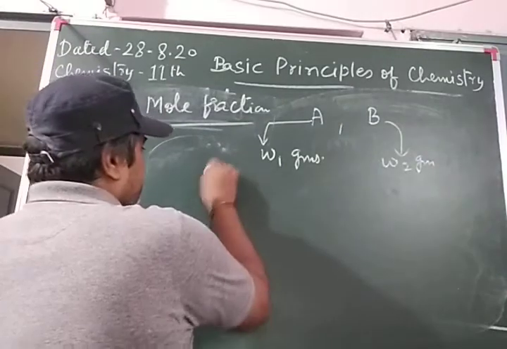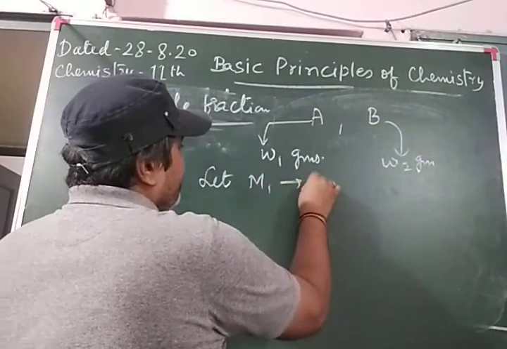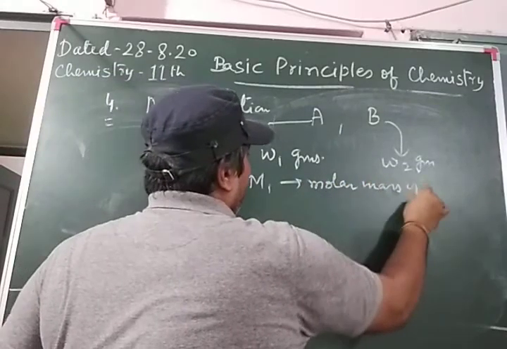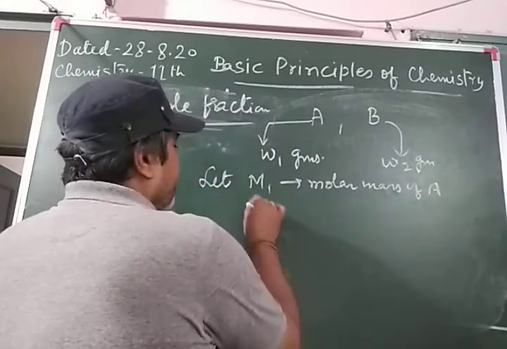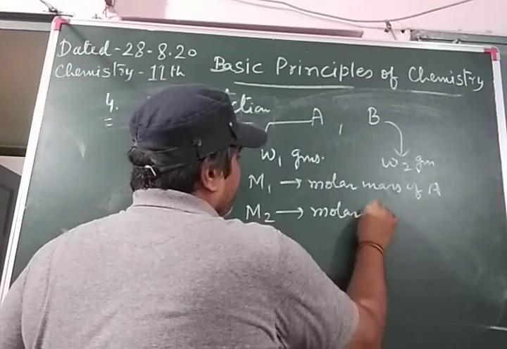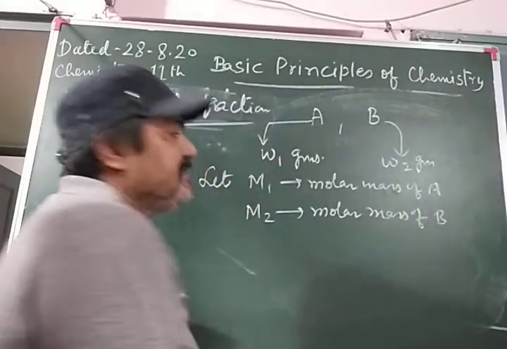And let M1 is the molar mass of A and M2 is the molar mass of B. Is it clear?